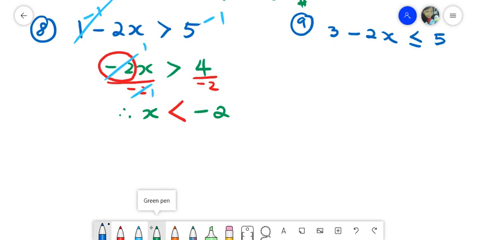I just modified it a bit. Same thing, to get rid of 3, you minus 3 on both sides. So now you have negative 2x greater or smaller and equal to 2.